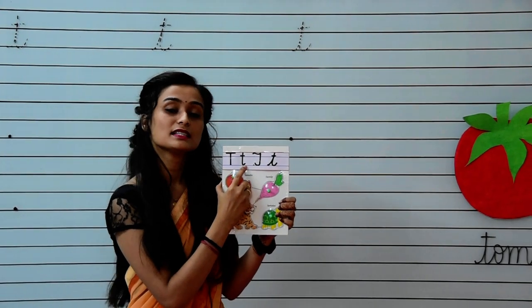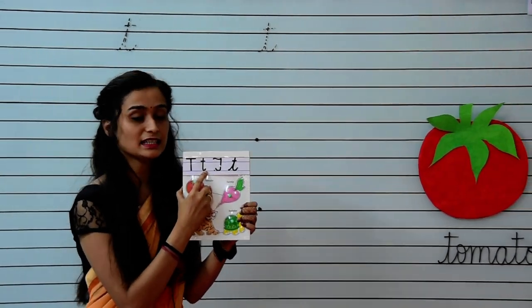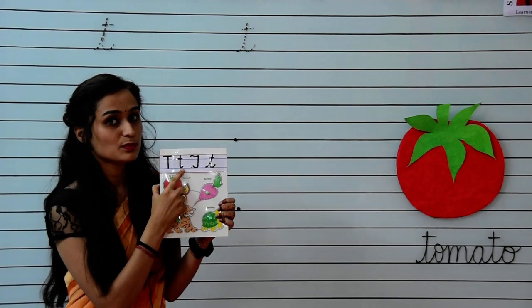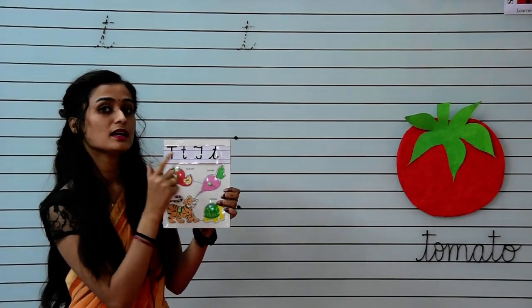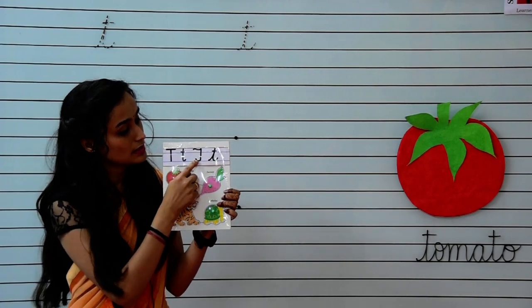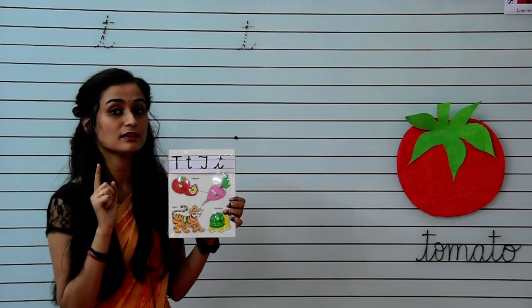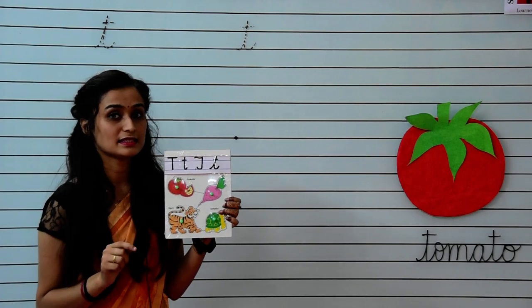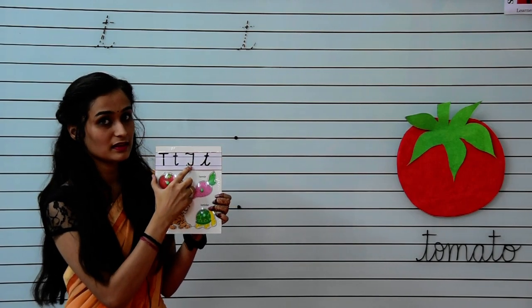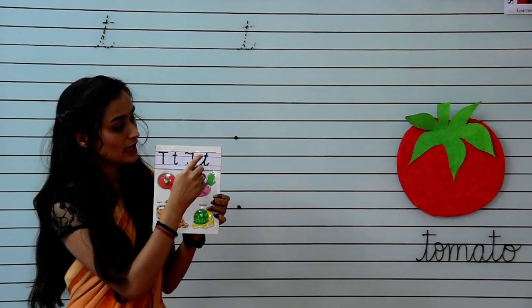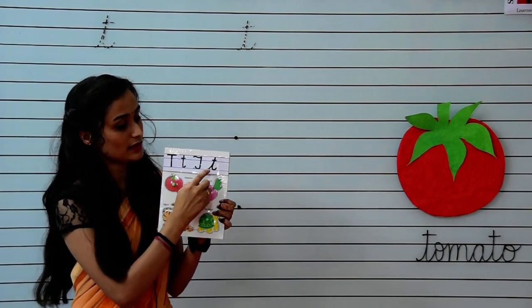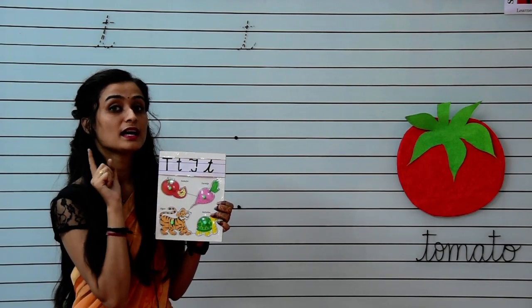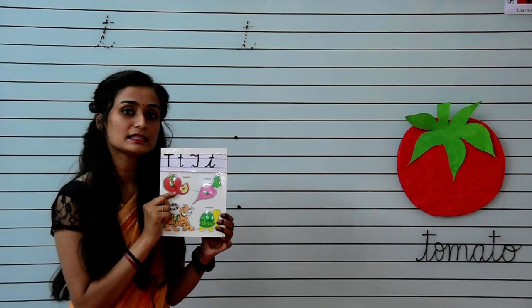This is small letter T. Next one is capital cursive letter T. Let's see the next one. The next one is small cursive letter T.